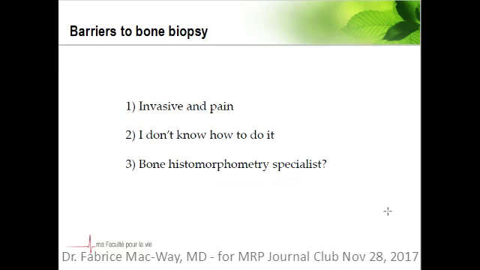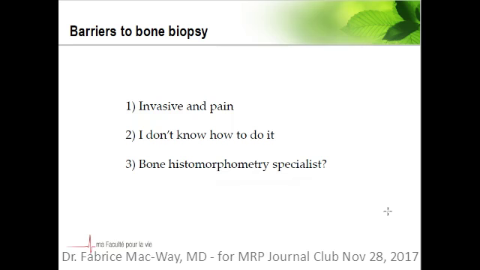So what are the barriers to bone biopsies? People would say it's invasive, it's painful. I think the majority of clinicians don't know how to do bone biopsies. They've never seen a bone biopsy before. And there are only a few people able to interpret bone biopsies.